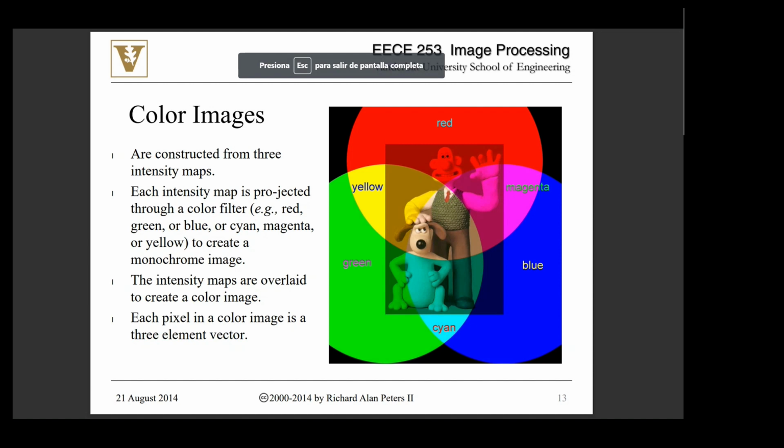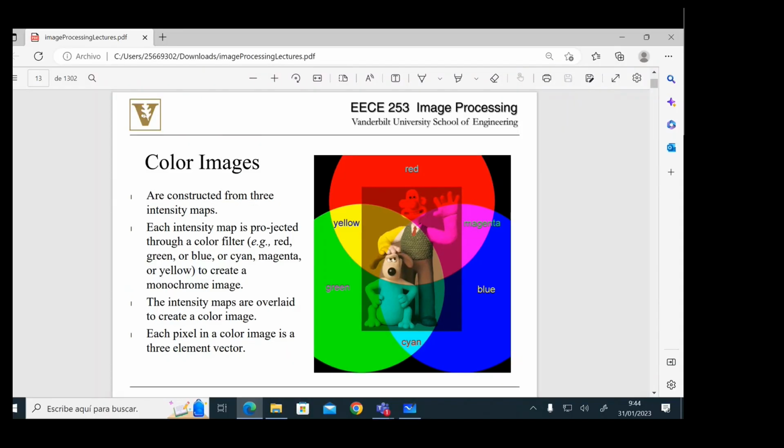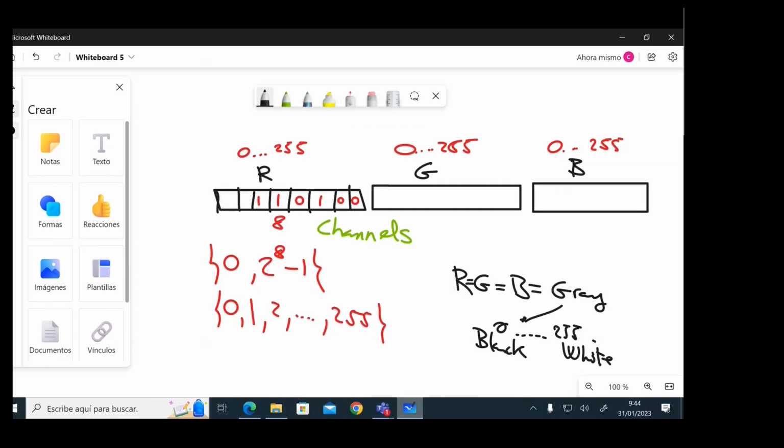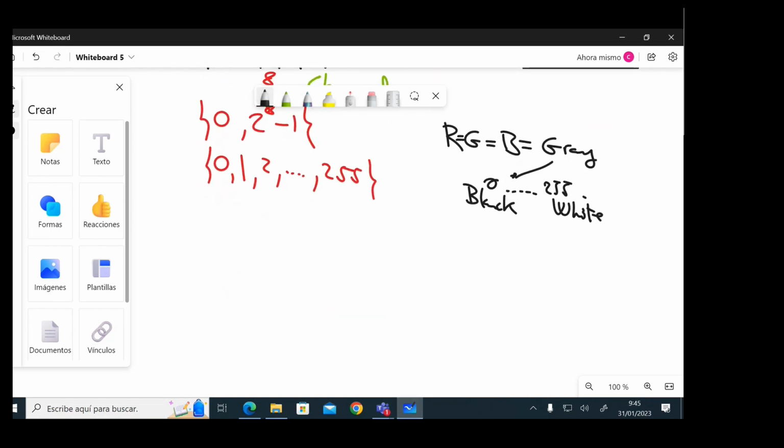All the yellow colors you can achieve by making red equal green and blue equal 0, with values from 0 to 255.